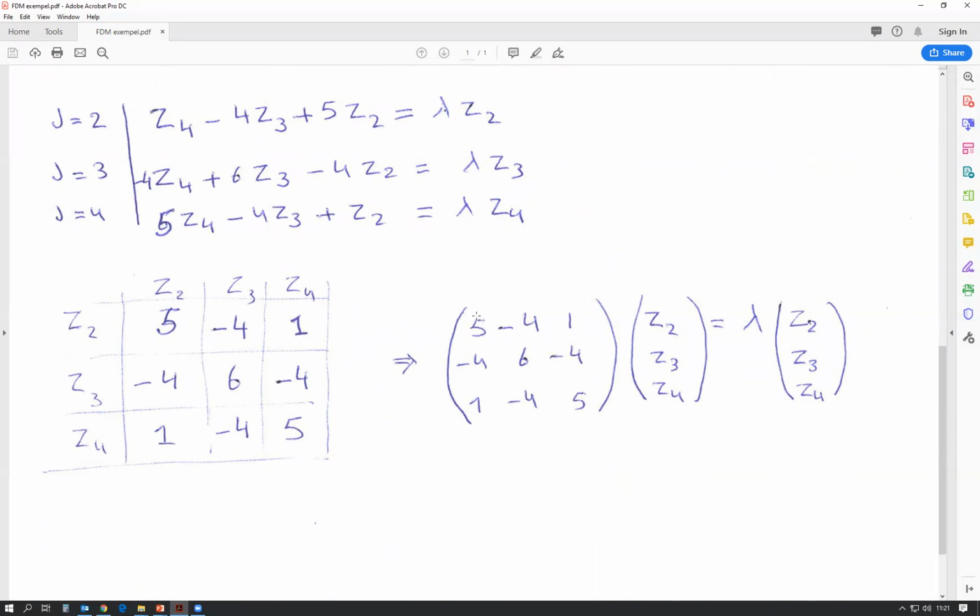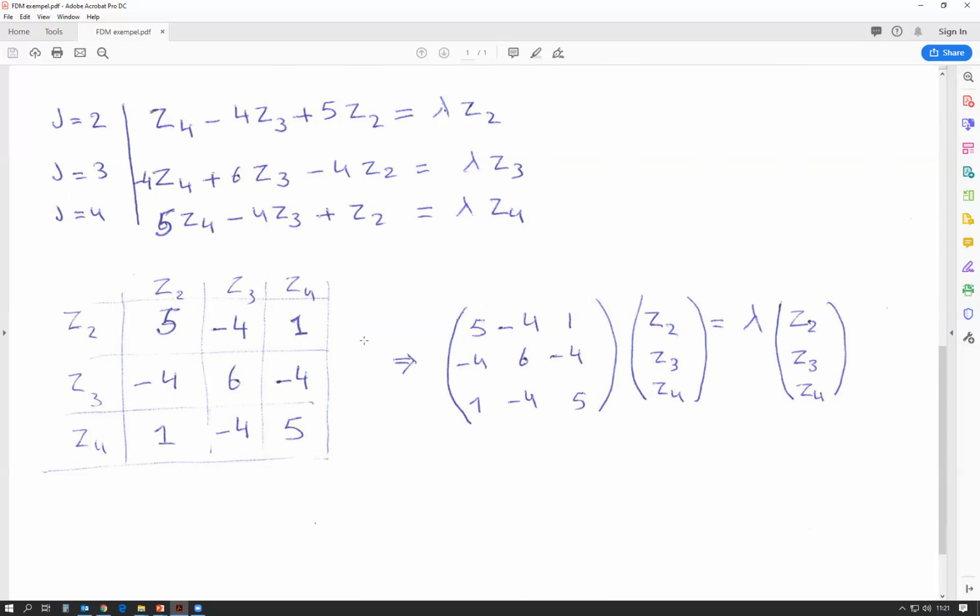If you have a clamp, then you will get a 7 here. So if you have clamped-clamped, you will have 7, 7. If you have clamped-free, you will have 7, 5. Okay? And this is an eigenvalue problem where you have 3 mode shapes, and you have 3 frequencies that you will get in the lambda matrix when you solve this using the eig function in MATLAB.